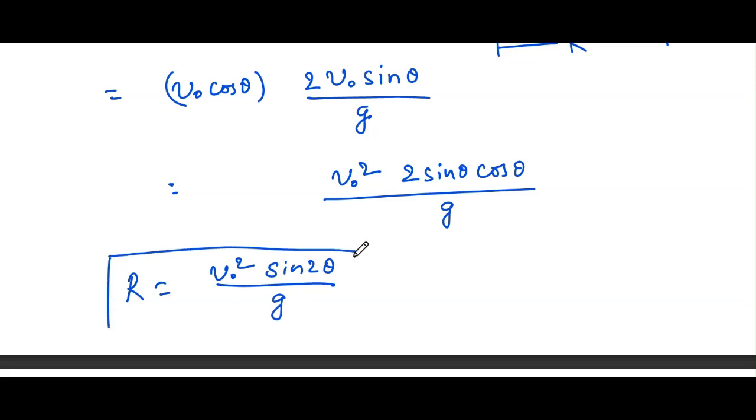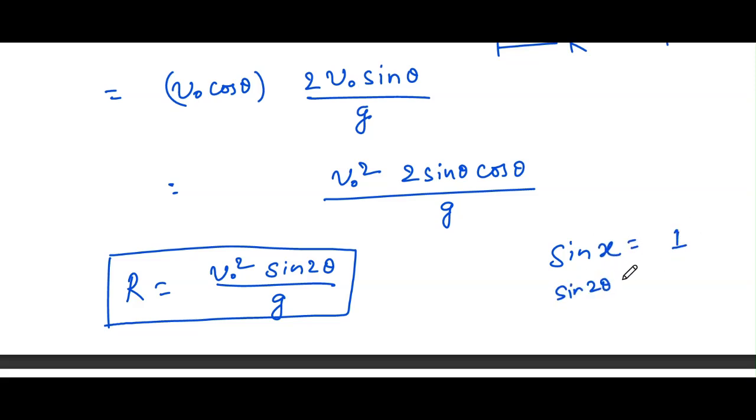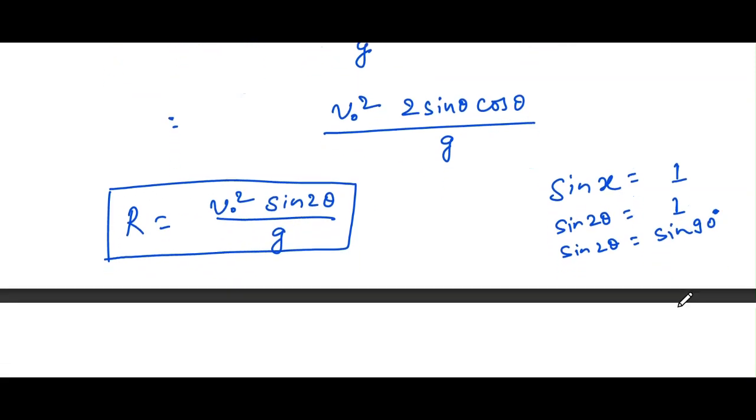This is the range, and as we know, sin x has a maximum value of 1, that is sin 2 theta has a maximum value when it is equal to sin 90, or we can say theta equals 45 degrees. Why have I done this? This is the condition for maximum range.